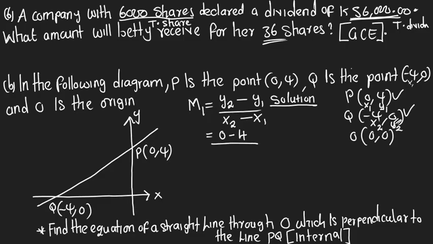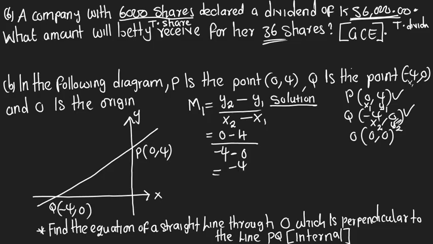Over. What is x2? x2 is -4. Very good. What is x1? 0. We are getting the signs; we want to ensure we are getting the correct thing.